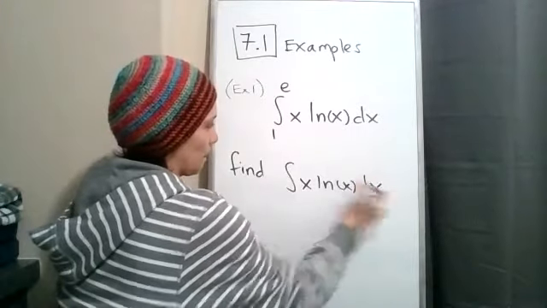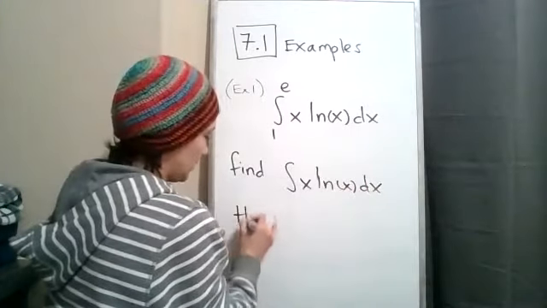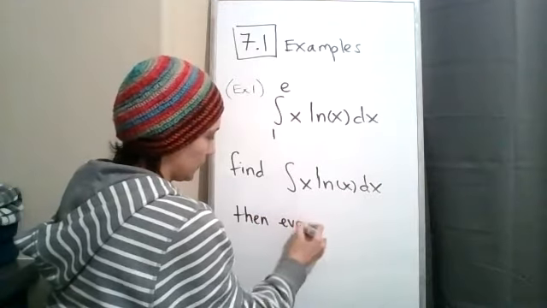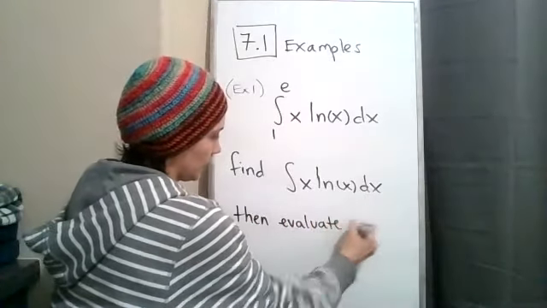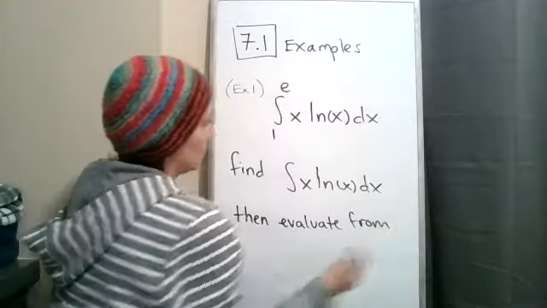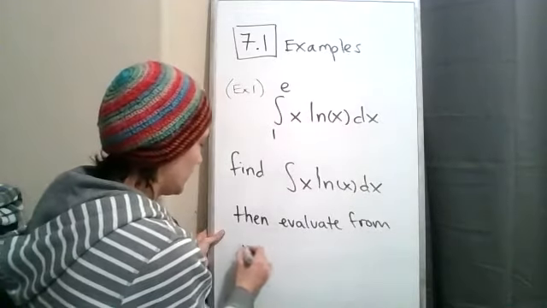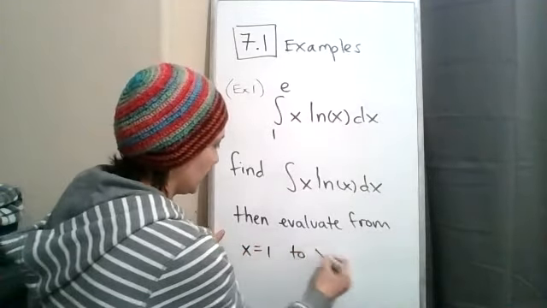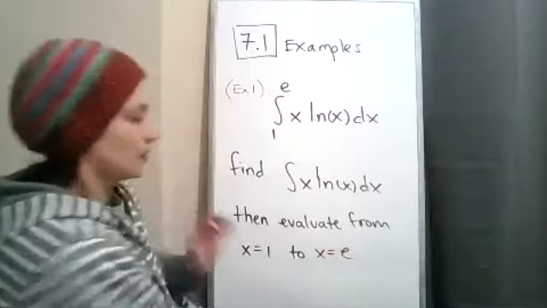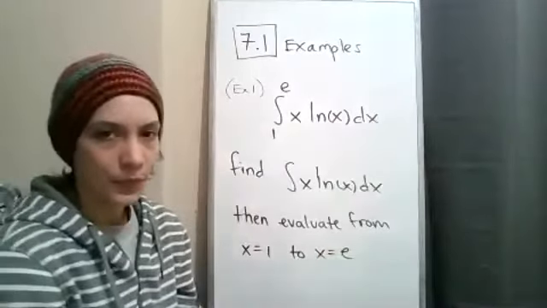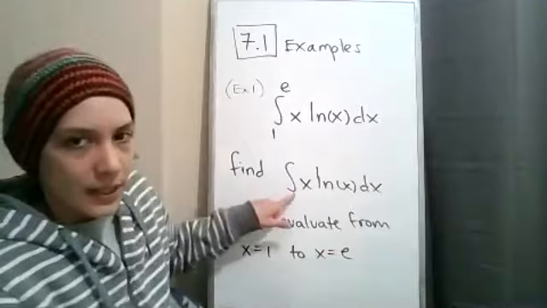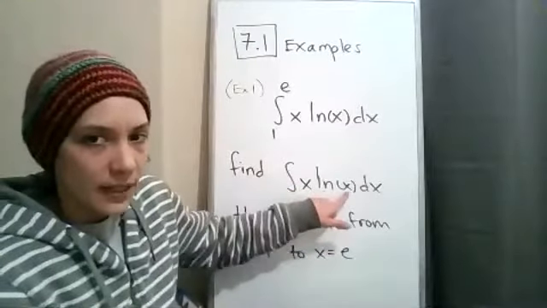Then evaluate from x equals 1 to x equals e. Okay, so again, we're still going to let u equal ln of x.